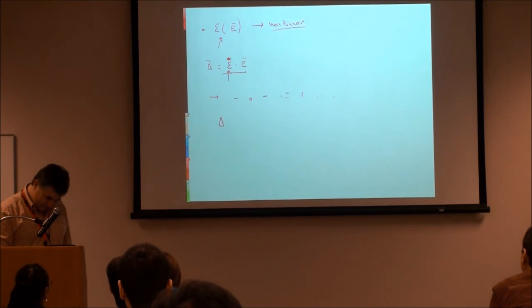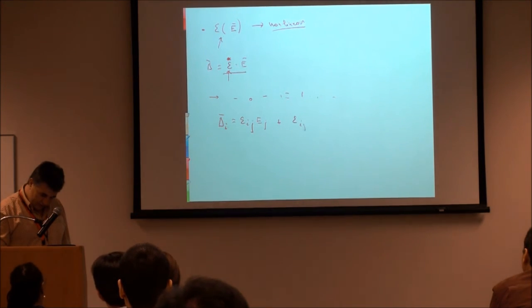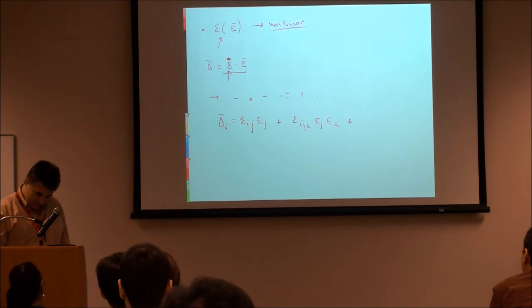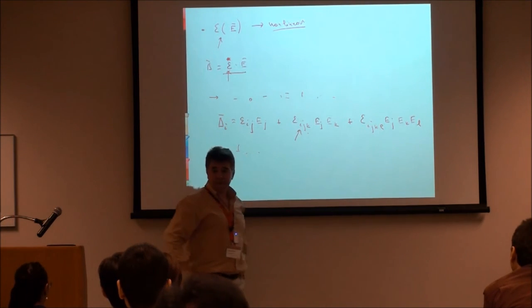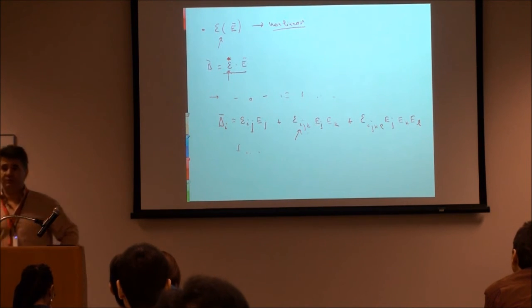D in the most general case is epsilon ij, right? D_i is epsilon_ij E_j. This is the linear part. Plus epsilon_ijk E_j E_k plus epsilon_ijkl E_j E_k E_l, and so on and so on. So this is the second order nonlinearity that you're going to hear about today, I think.